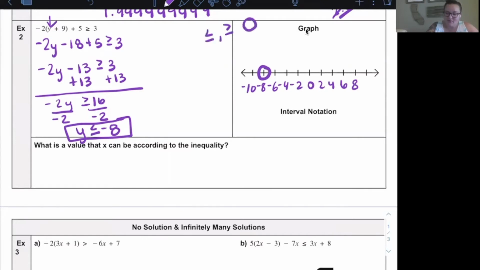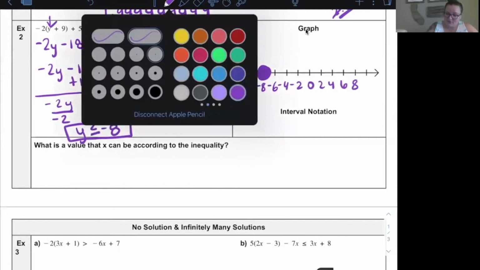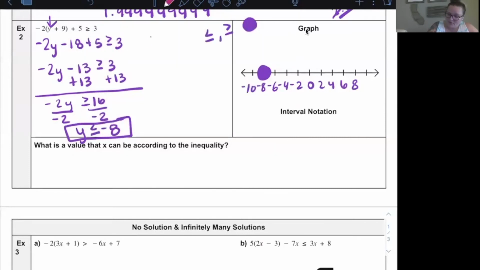That means that the number is included, and we want to put a closed circle. So when you get to some examples later on, and you might have greater than or less than, you're going to have an open circle because that means the number is not included in your solution set. So we have our -8, we have our closed circle.